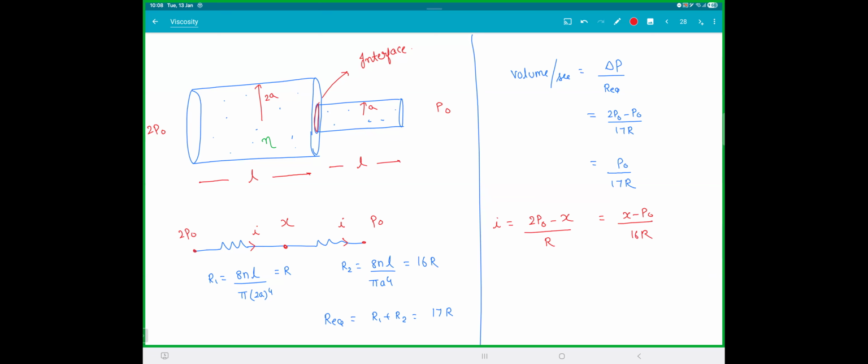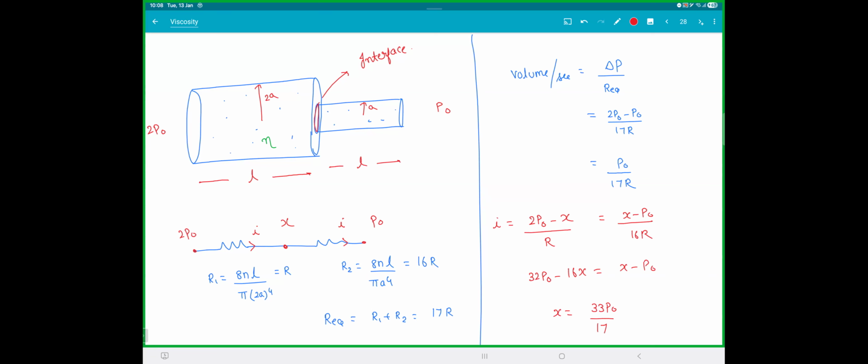Please have a look at that equation there. For each resistor, the current is the potential difference across that particular resistor by its own resistance. Since both are in series, the current must be the same. R will cancel. This will be 32 P naught minus 16X is equal to X minus P naught. You end up with X is equal to 33 P naught by 17.